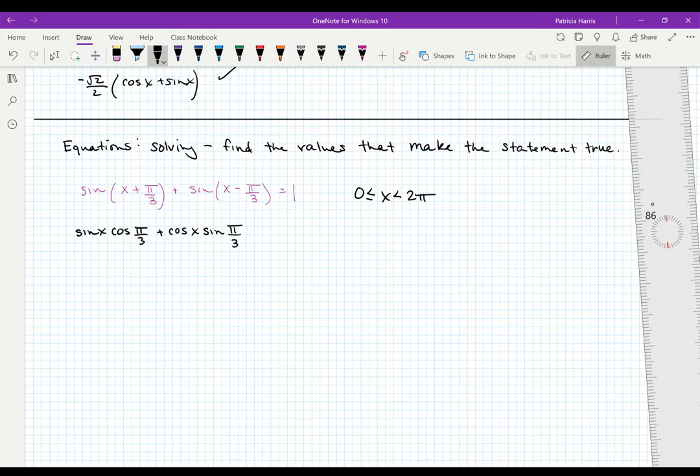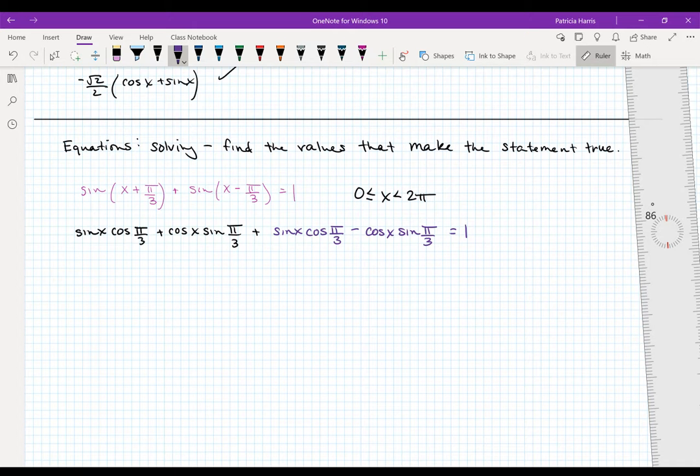Again, I'm just using the formulas, using the identities. Since I'm not proving things equal, I do have all of the properties of equality, so I can move stuff around.